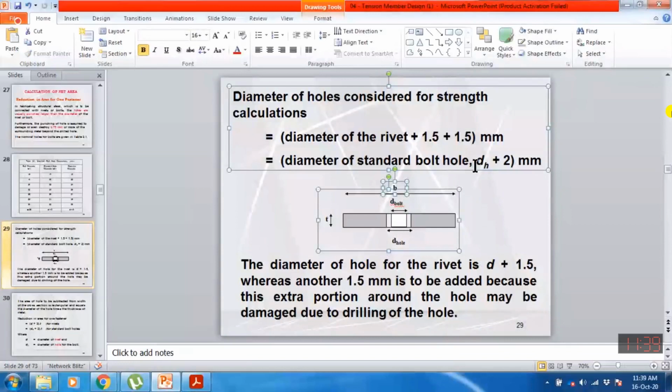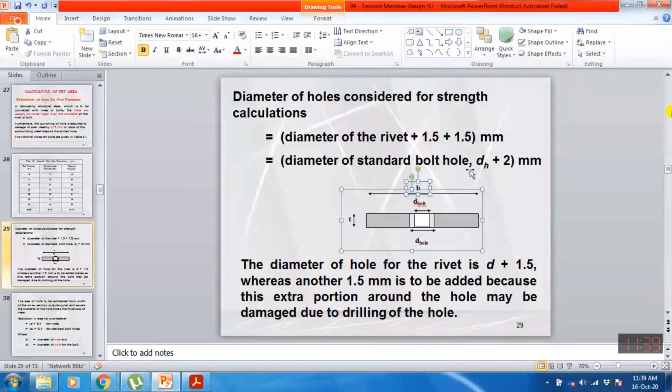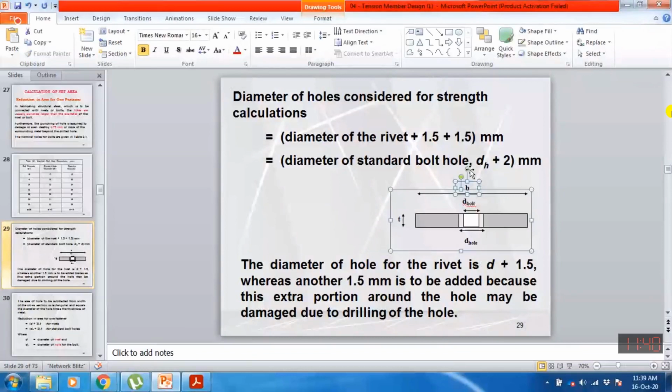So in this case, let's suppose this white area is the area of the hole that I need to punch. Punch means that, for example, I want to use a rivet. Maybe that might be a bolt or that might be a rivet. Okay, let me write it as a rivet.